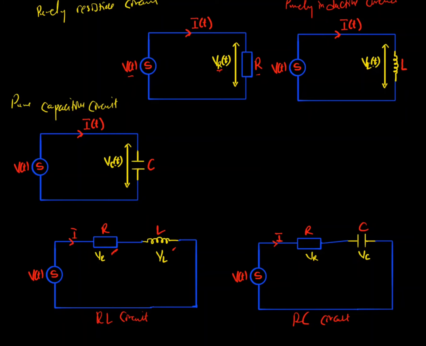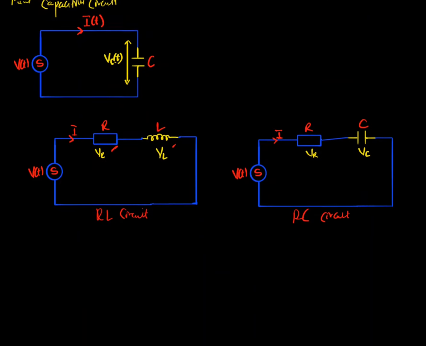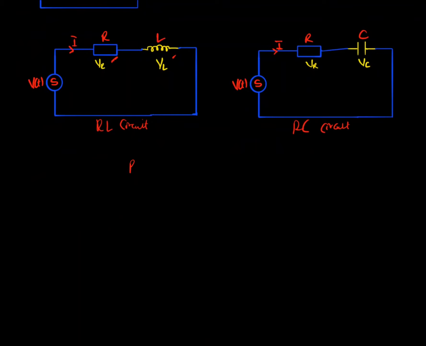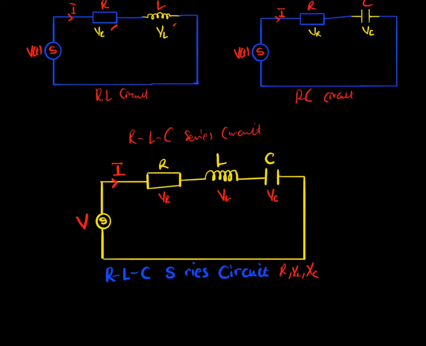Then finally, we go on to look at what we refer to as the RLC series circuit. That is the individual voltages of these components. For the resistor, we have VR.